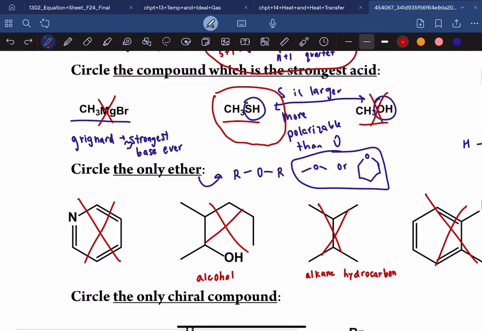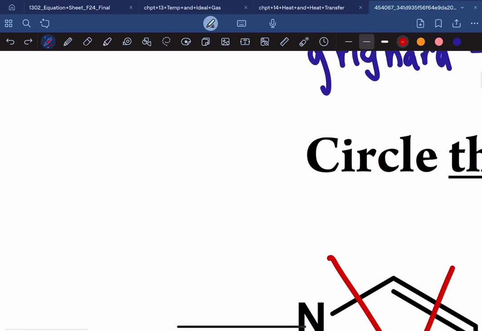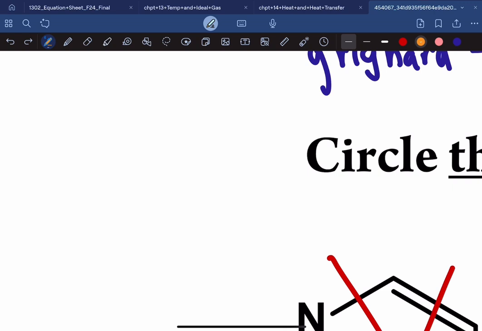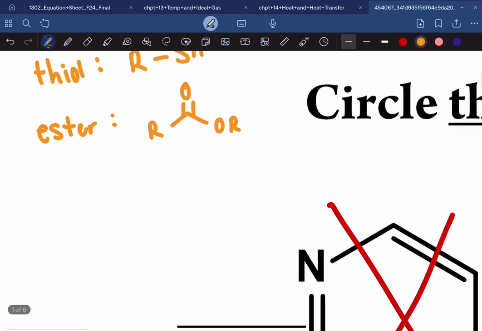The other ones you might see are, let's just review all the things that you might see here for safety. Let's bump up a little bit. You might see thiol. Okay? Thiol is just RSH. You might see ester, right? Which is just R double bond O, OR. You might see carboxylic acid, and we'll see this later too.